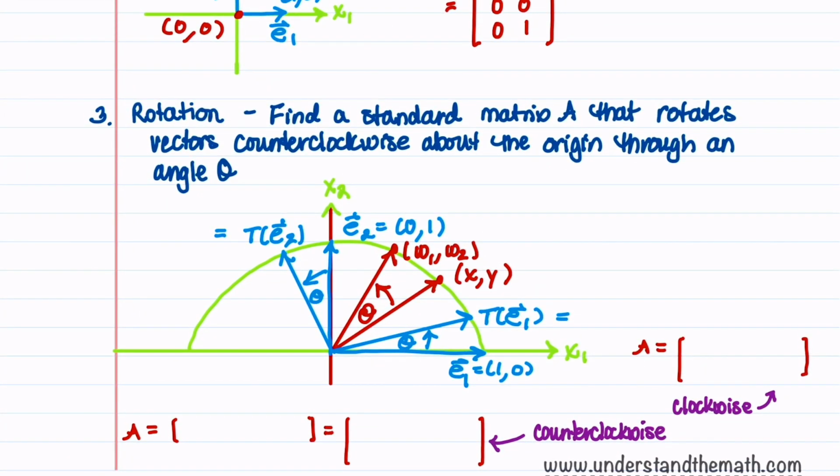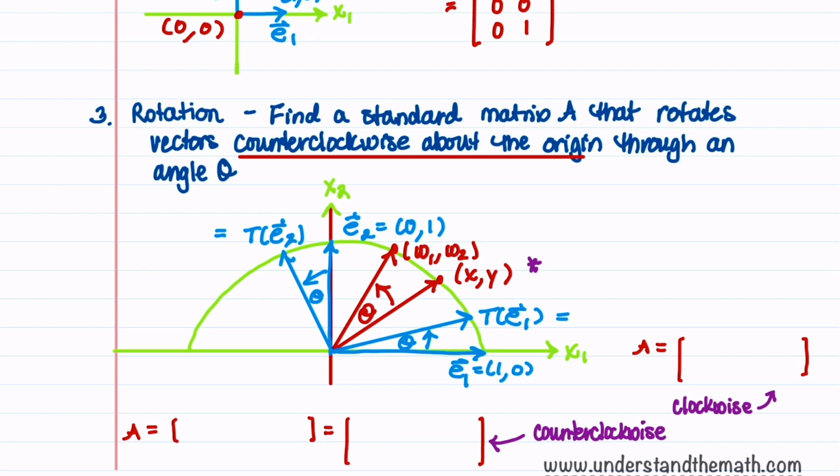This next matrix transformation is much harder than the other ones. This transformation is a rotation, and we're going to find the standard matrix that rotates vectors counterclockwise. Let's underline that. About the origin through an angle theta. Let's focus now on our vector xy.